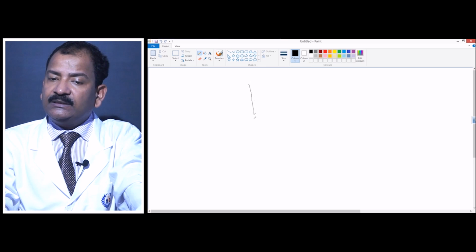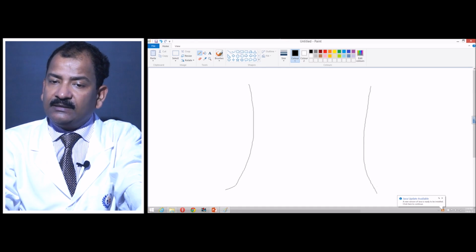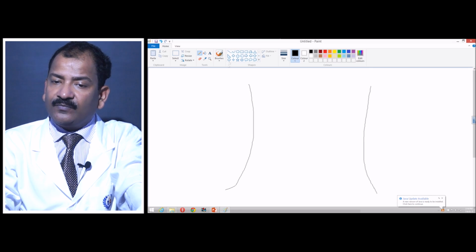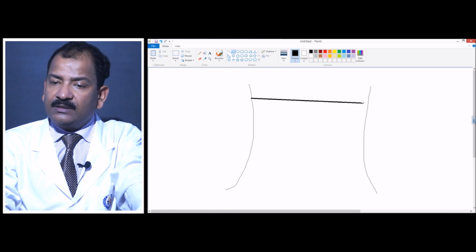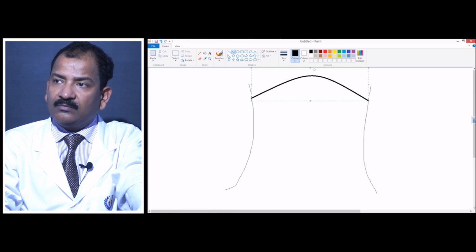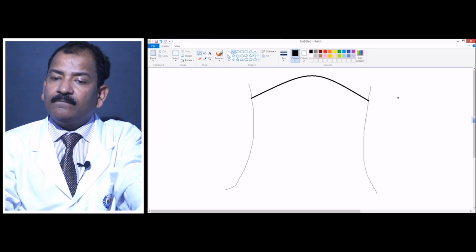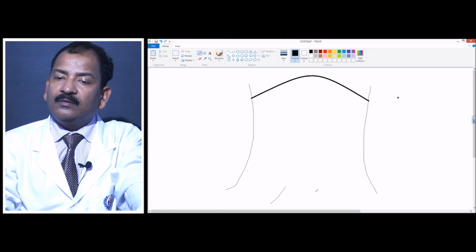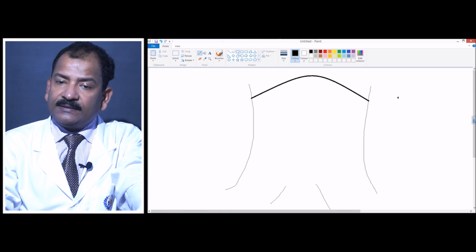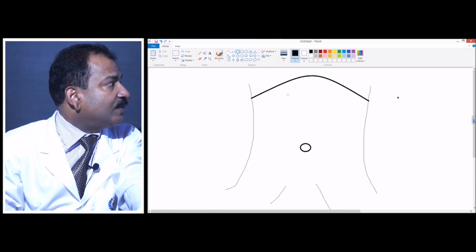If this is the patient, and here is the diaphragm, and here is the umbilicus, then one of the sites is supraumbilical.